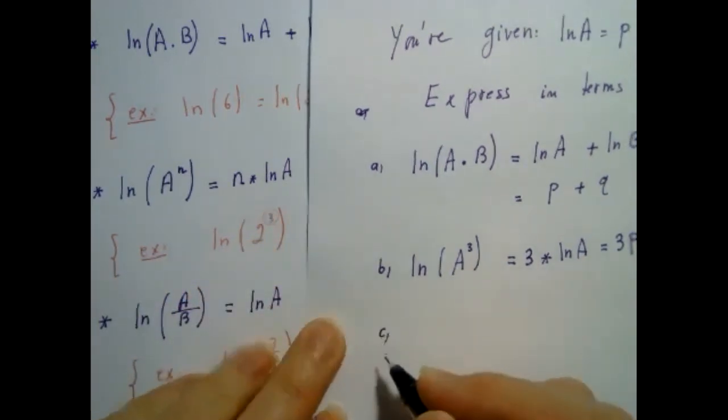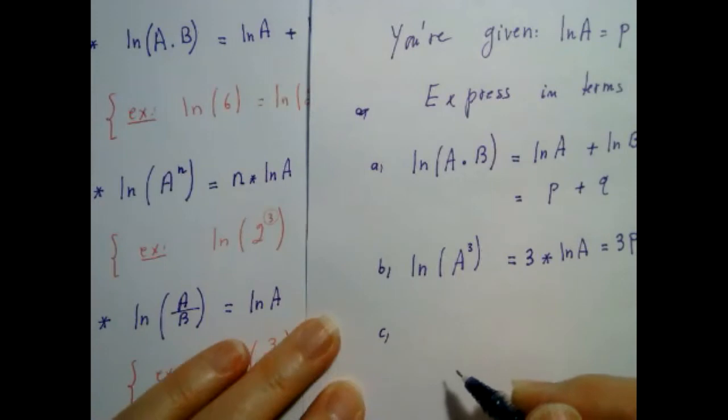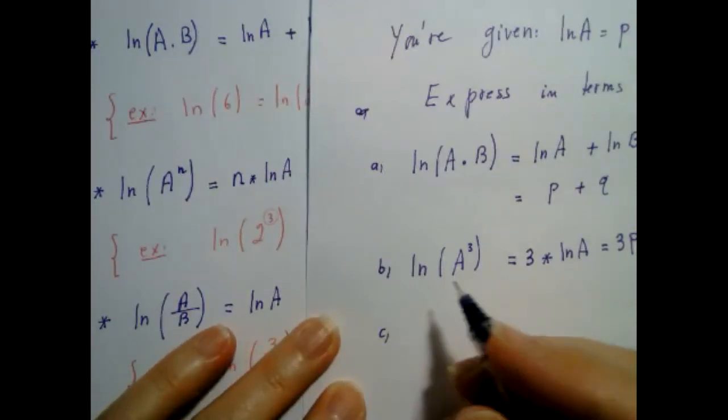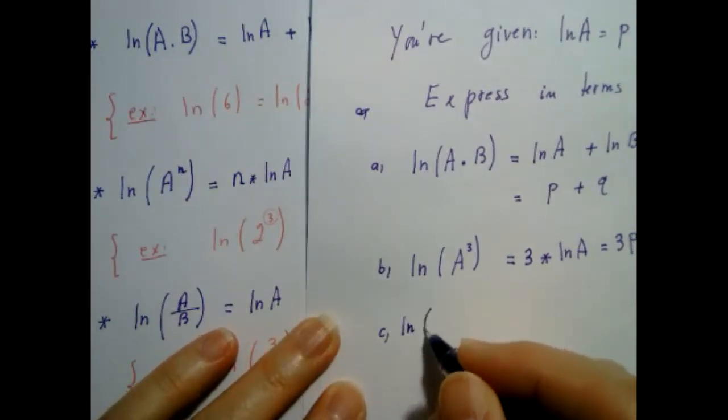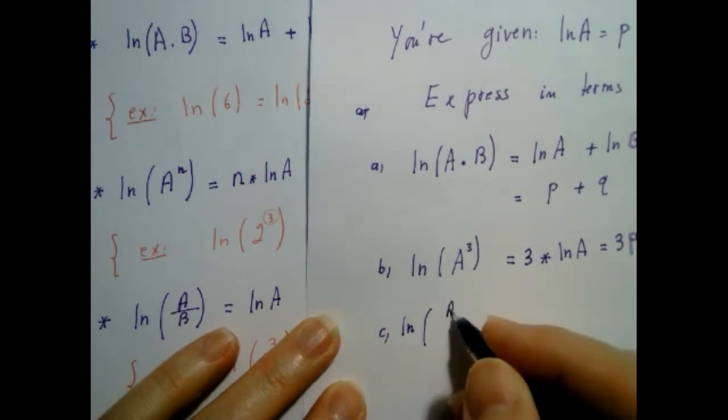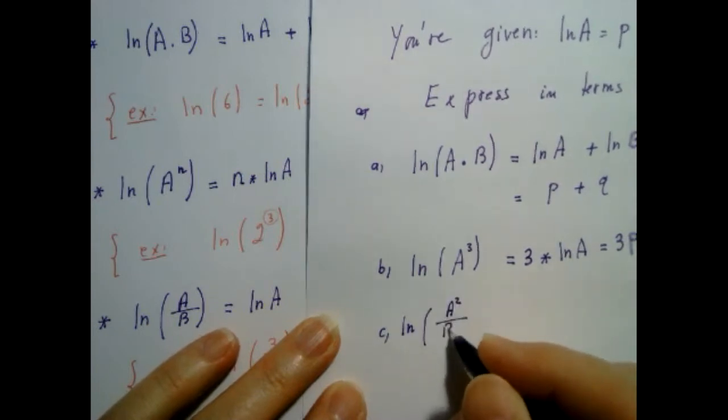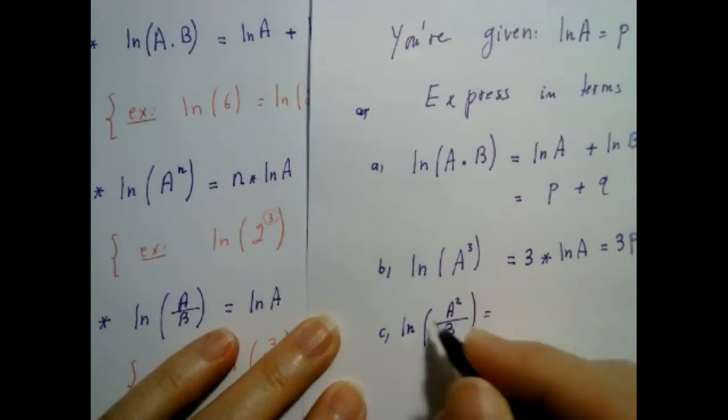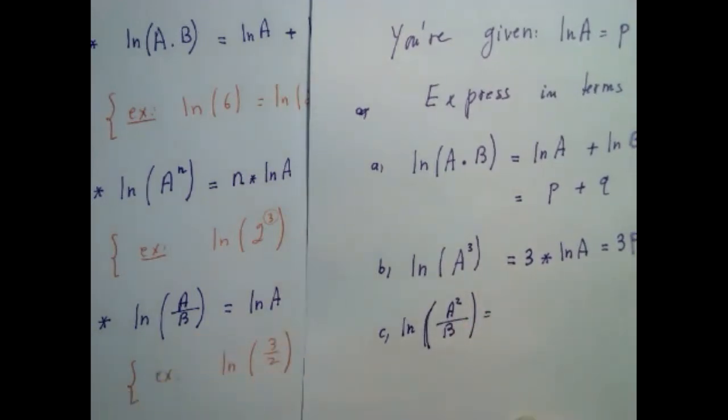Another one. Please, I want more of you to participate. Suppose I give you ln of a squared over b, and I want this in terms of p and q. These are the properties that you have to use.